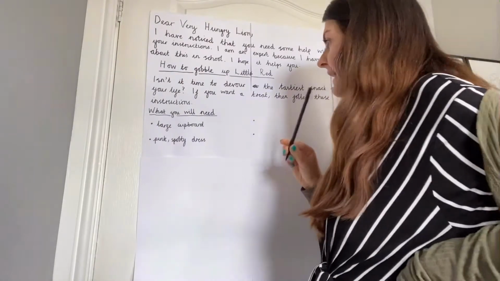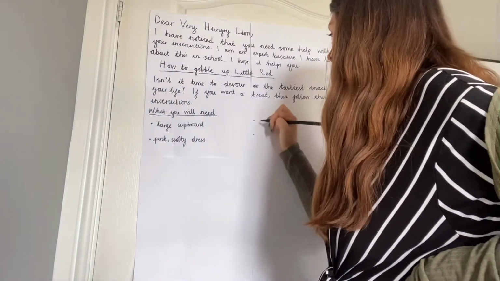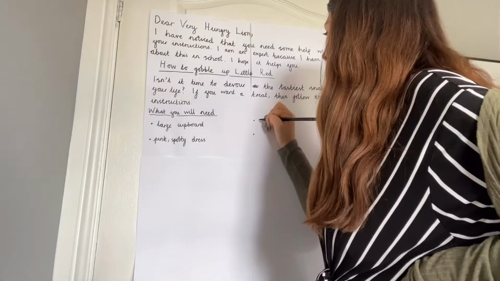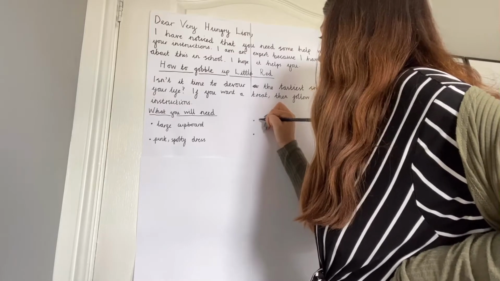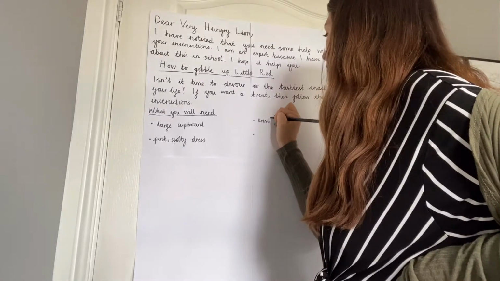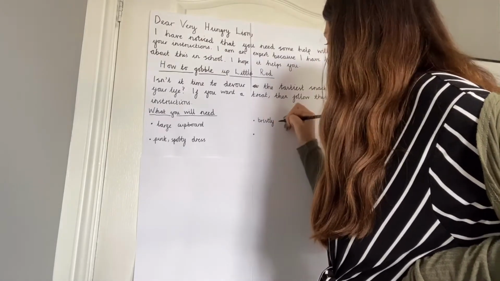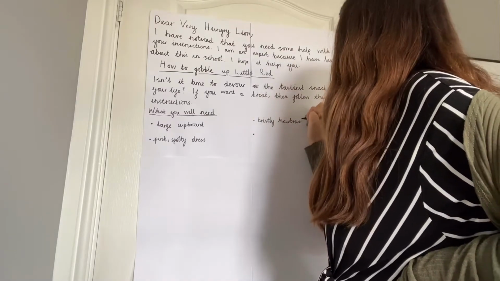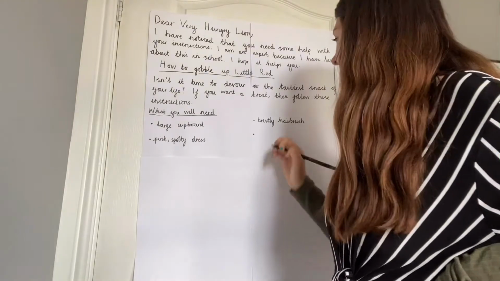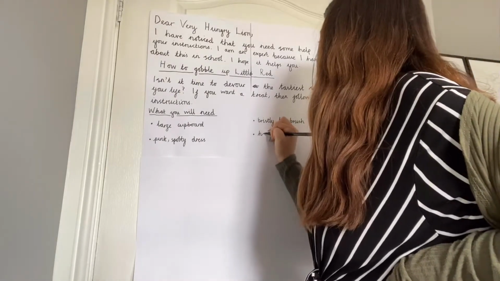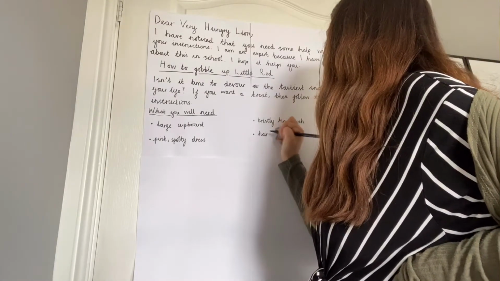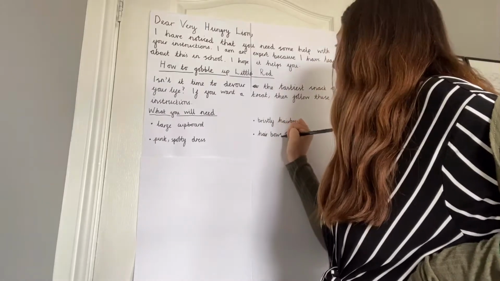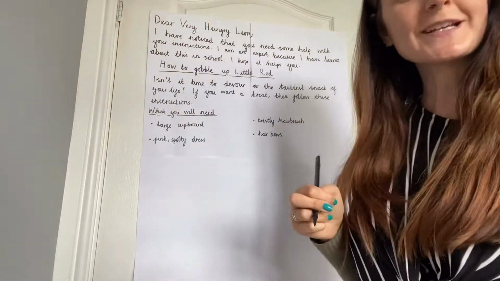He's going to need a hairbrush. I'm going to say bristly hairbrush. And finally, he's going to need some hair bows. Oh, hair bows. So he can make his hair look really pretty.